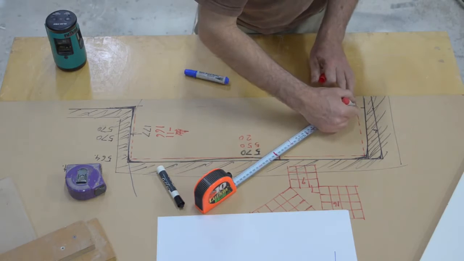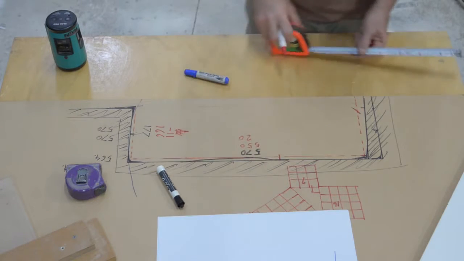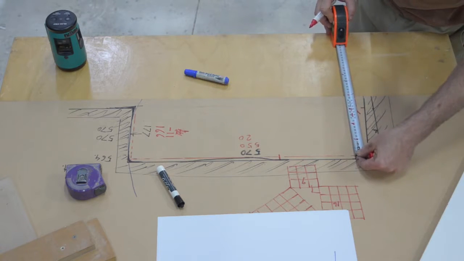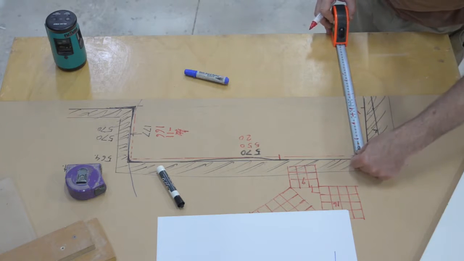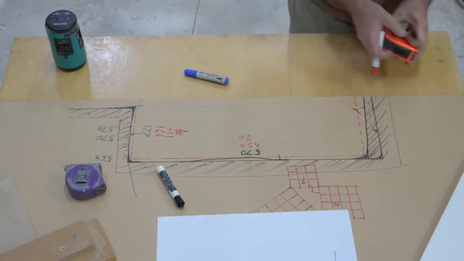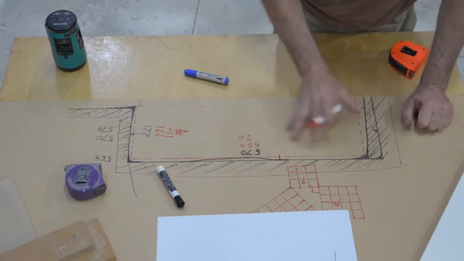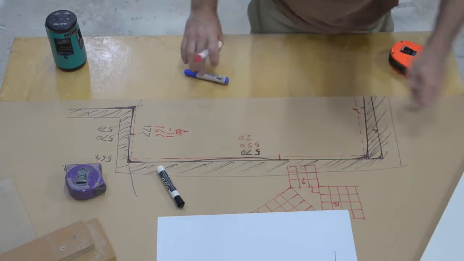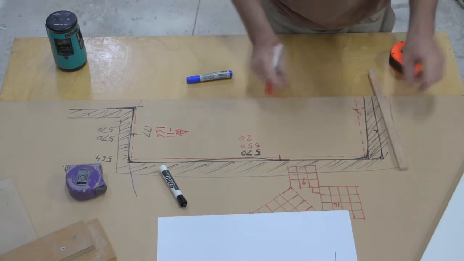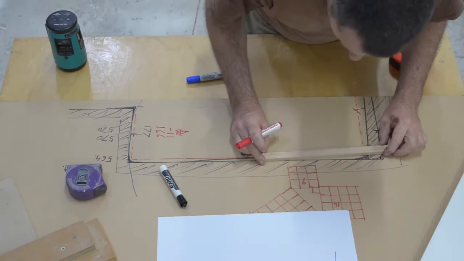We could make a mark like that, and then from that point there, we'd mark out 150. Now, here you can see the problem I have. We're actually creating a right angle. Okay, so by doing my little 3, 4, 5 triangle here, I ended up creating a triangle in this location.